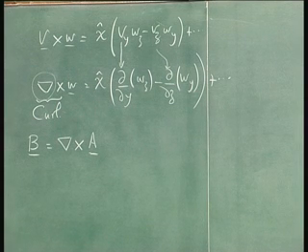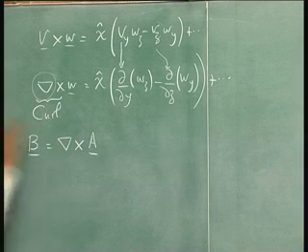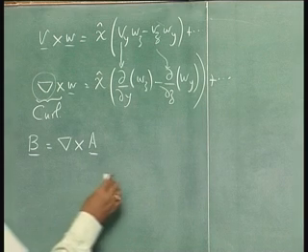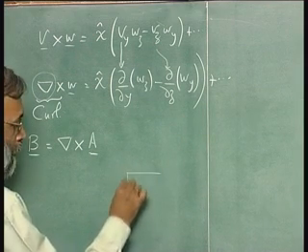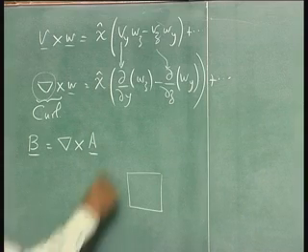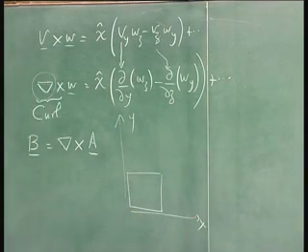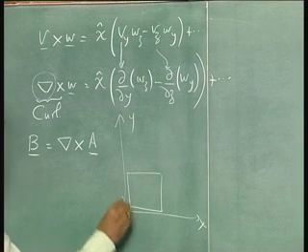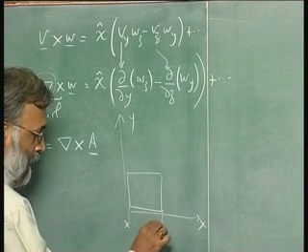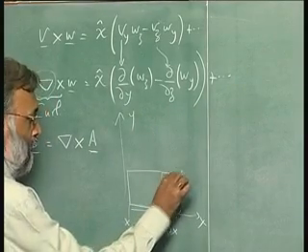Now, we also saw the last time that if you took this curl concept and looked at it closely, supposing I go to a very small loop in x y, this is at x, this is at x plus delta x, this is at y, this is at y plus delta y.